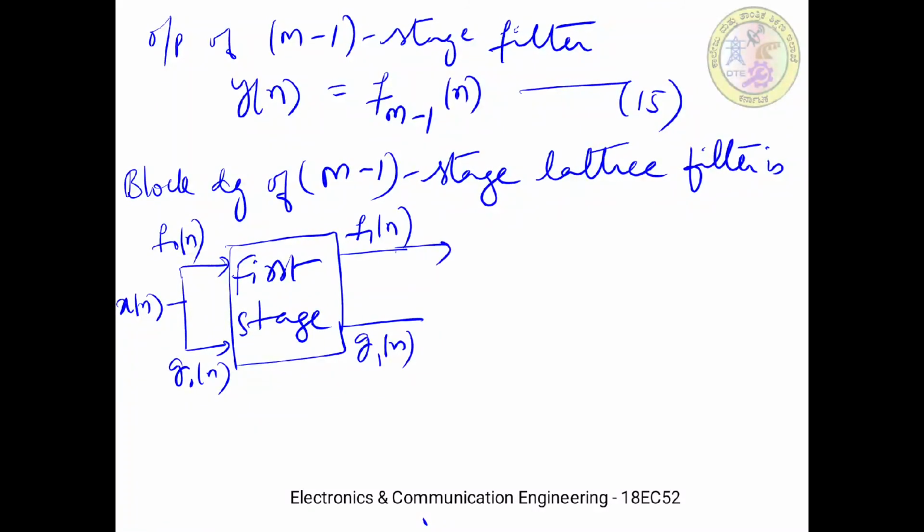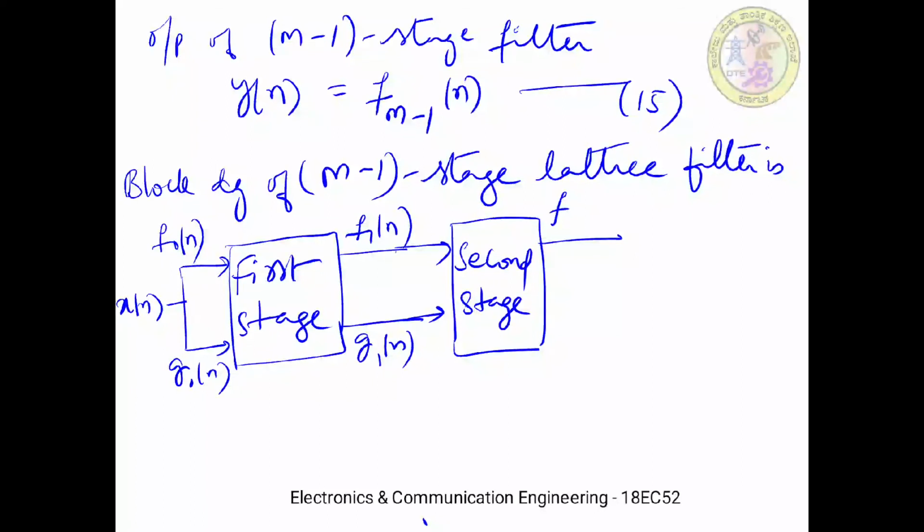Now these two will act as inputs for the second stage. This is the second stage, and it is going to give the outputs f2 of n and g2 of n.